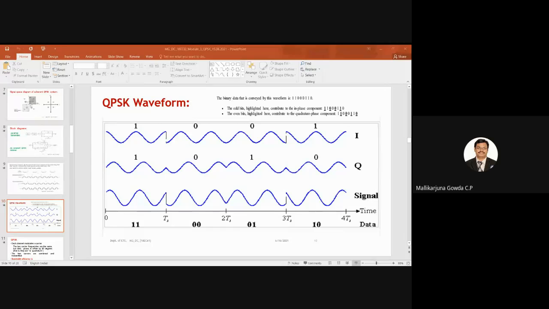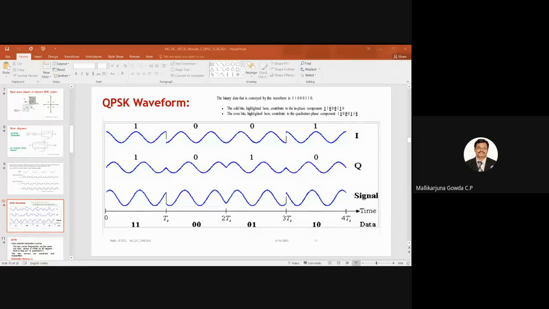That is why the first one is written as plus cosine wave, and for 0 minus cosine wave. Here two zeros are there, so it is written as 4 cycles of negative cosine wave. Then the next one is positive cosine wave of 2 cycles.